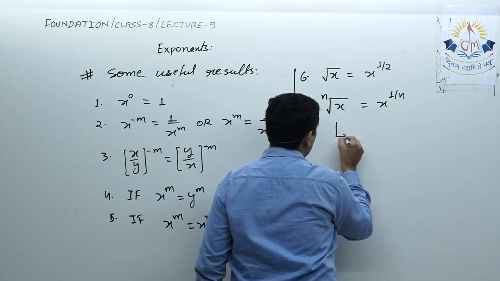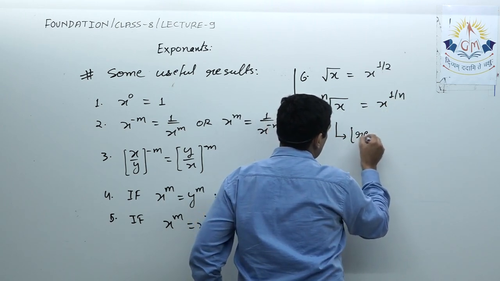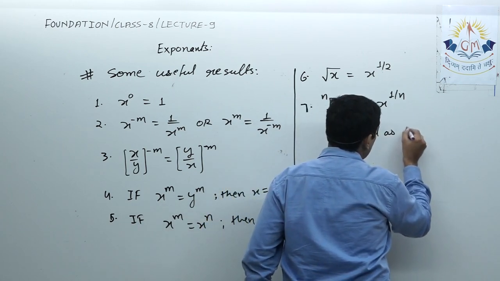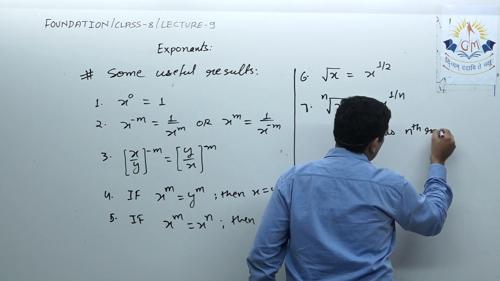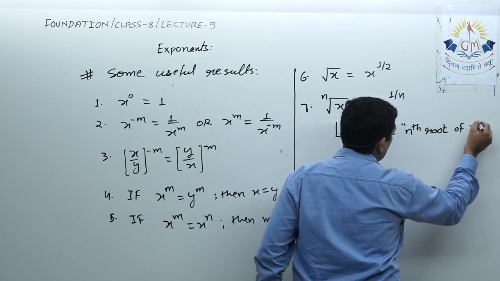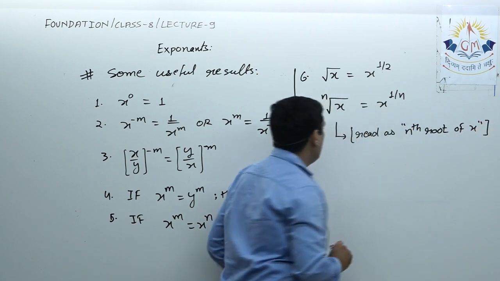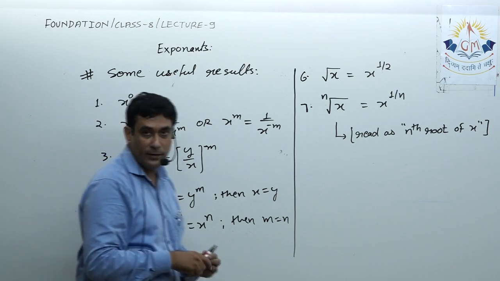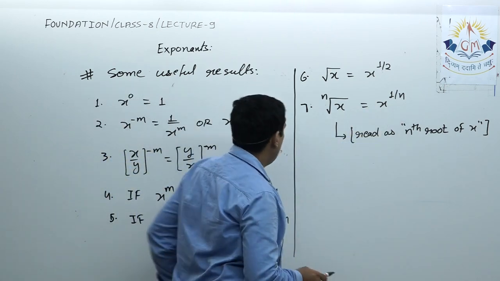This is read as the nth root of x, which means x raised to 1 upon n.